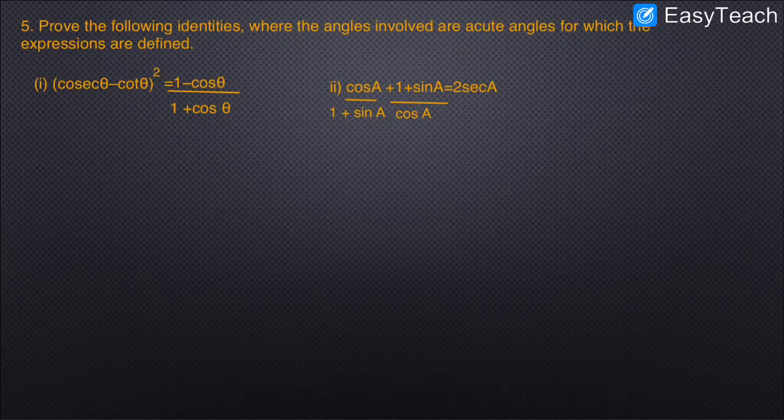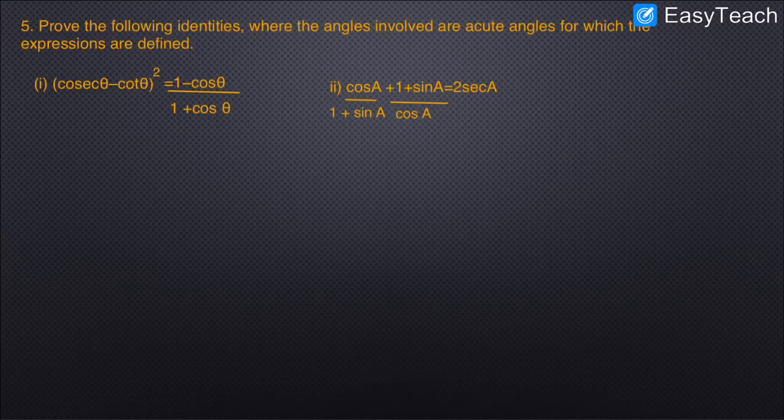Okay, in the next step, I am going to multiply by cot A minus 1 minus cosecant A on both numerator and denominator. Okay, in the next step I can write as cot A minus 1 minus cosecant A the whole square, because 2 times the terms repeating.